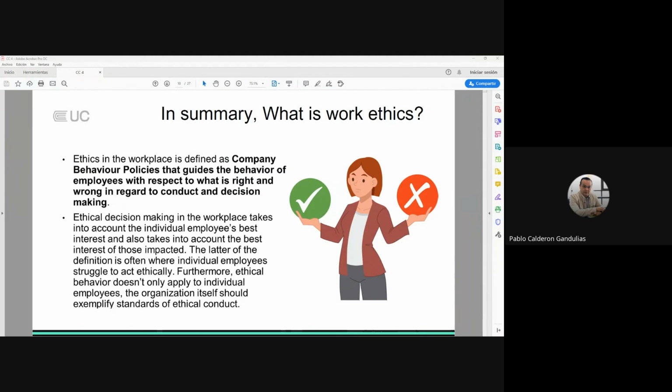Okay? Remember, please. What's work ethics? Company behavior policies, that is the set of rules a company has to guide the employees' behavior. Then a person who follows those rules is right, and one who doesn't is wrong. Okay?